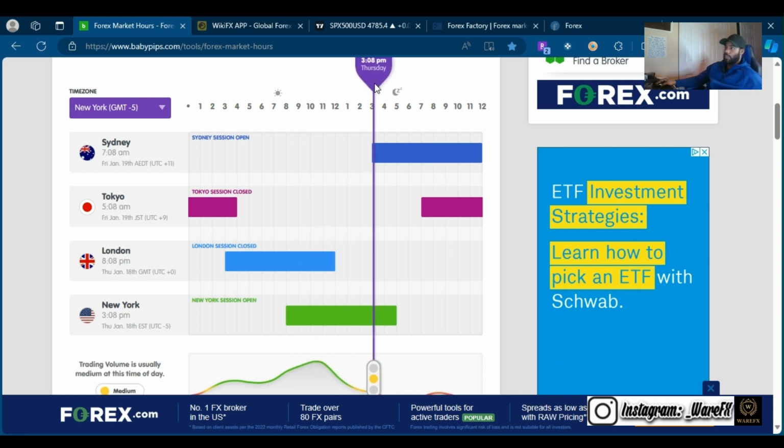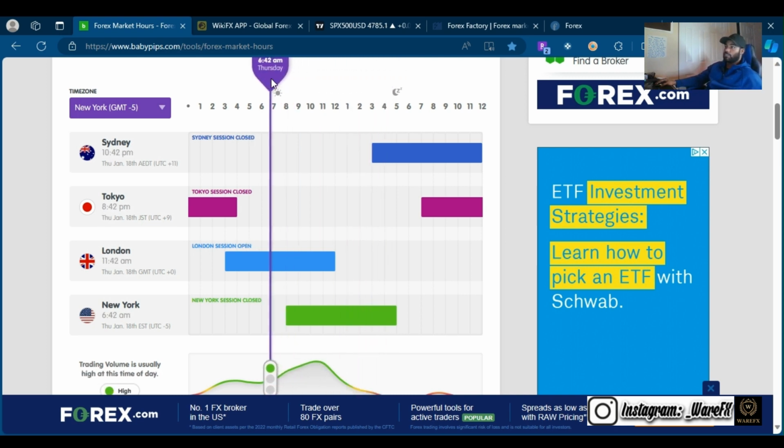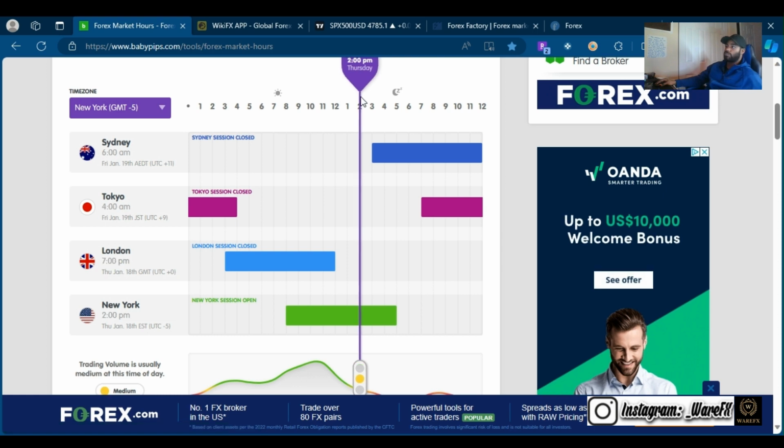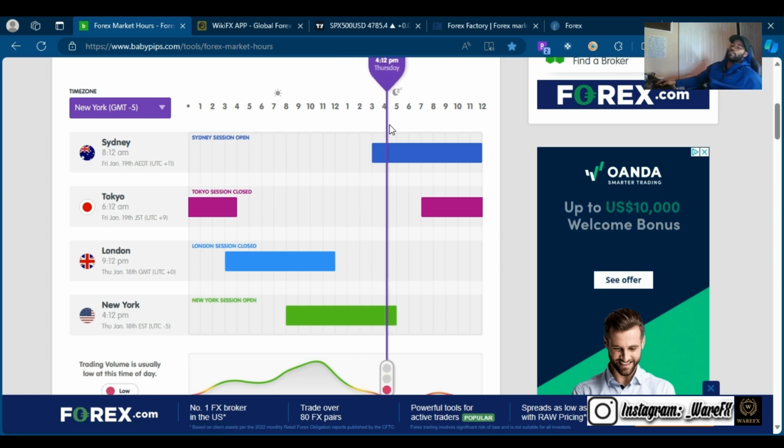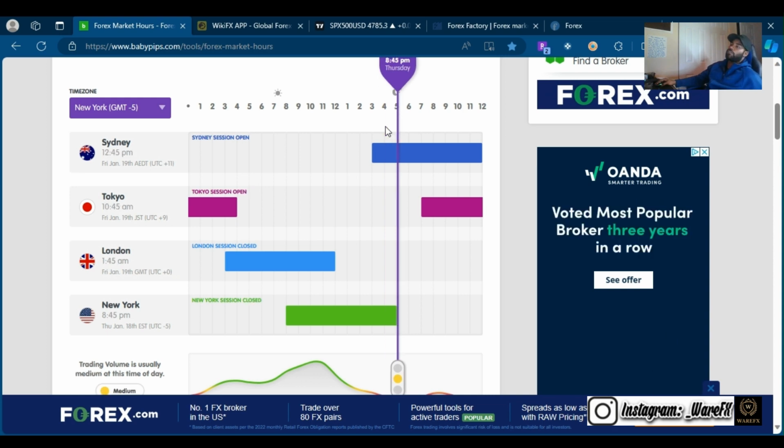I could probably trade Sydney session, starts at about 3, and maybe catch it back in New York. And I would probably stop trading around 4. So I catch that 2 to 4 window. Say if you were working from 6 to 2, I would catch that 2 to 4 window for trading because that volatility is bad at about 4 o'clock.